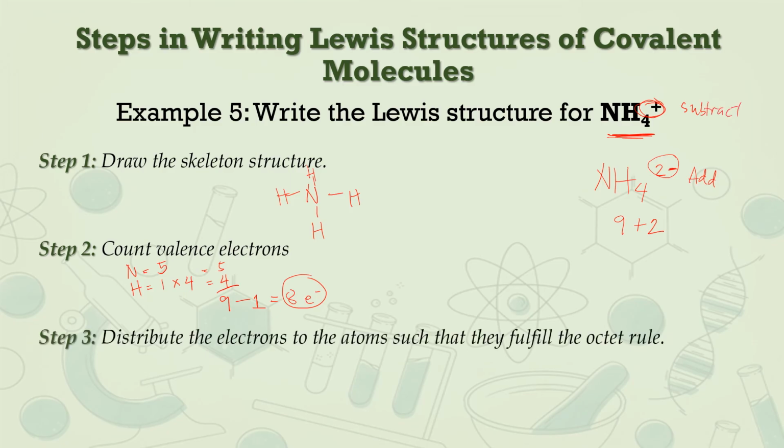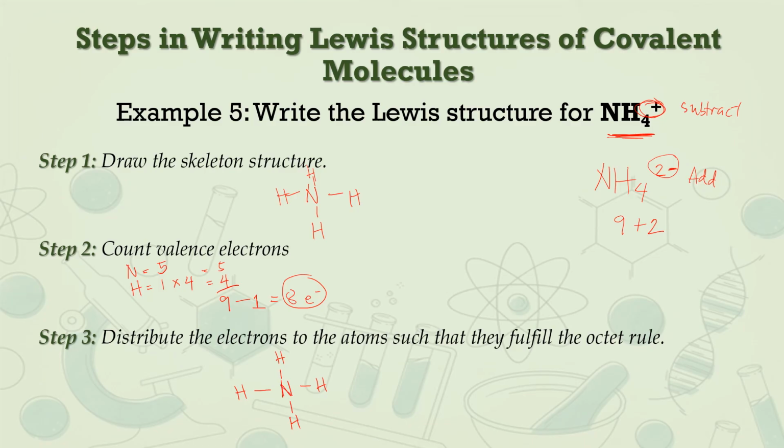Next, we distribute the 8 electrons to the skeleton structure. So we have N, H, H, H, and H. Let's take first nitrogen, and check if it already has 8 electrons for it to become stable.